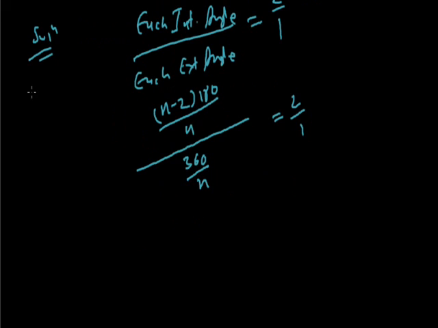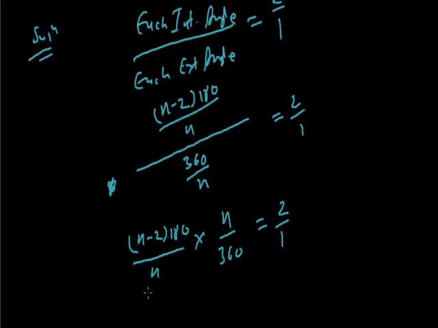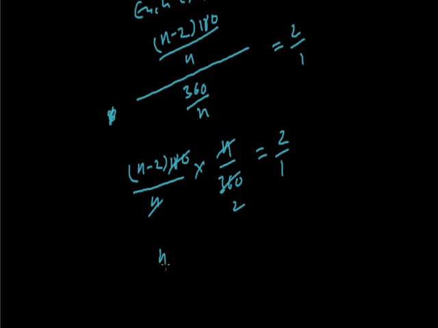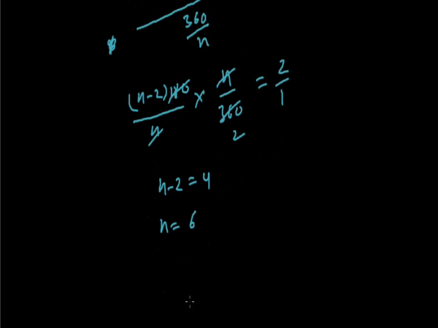Now it becomes (n minus 2) into 180 upon n divided by 360 upon n, which is equal to 2 by 1. Now n is cancelled with n and 180 is cancelled with 360, that is 2 times. Now after cross multiplying, we get n minus 2 is equal to 4. n is equal to 4 plus 2, that is 6. So the polygon has 6 sides, and it is said to be a hexagon.